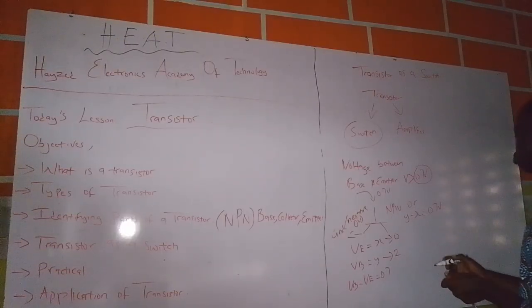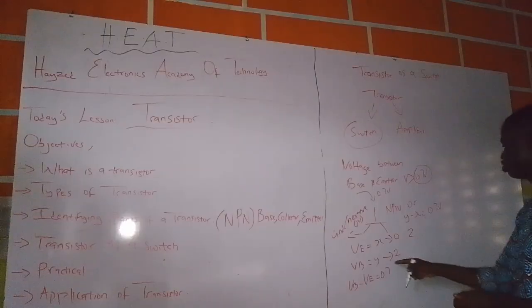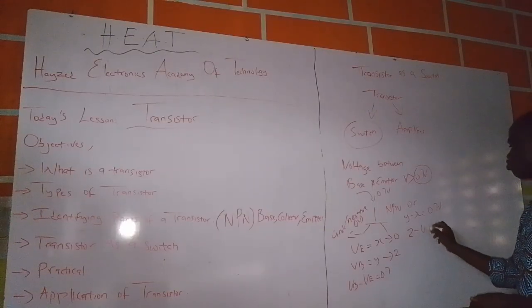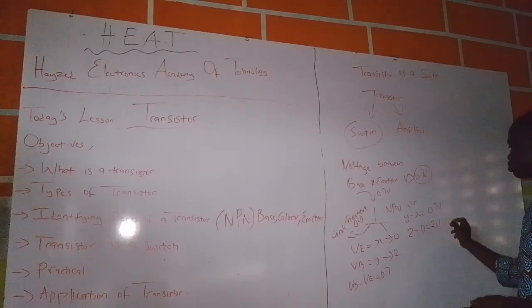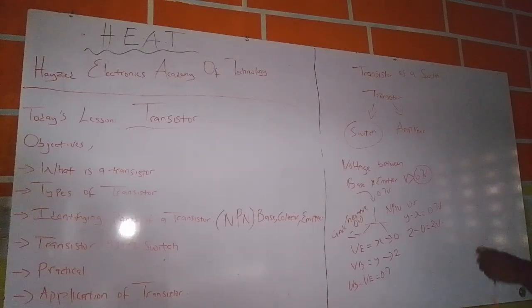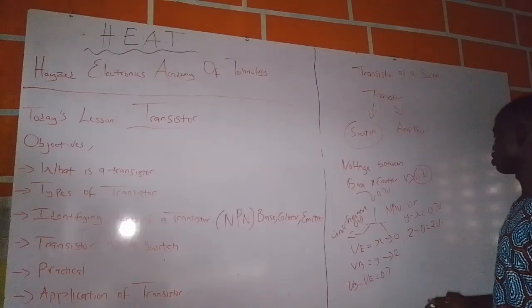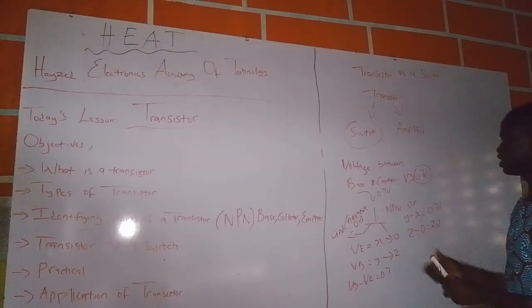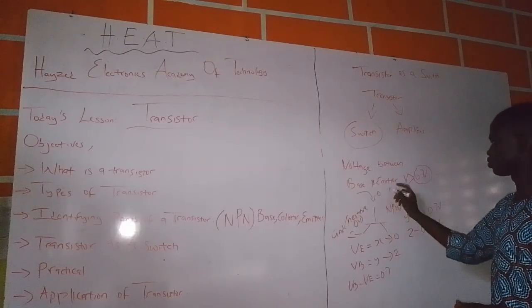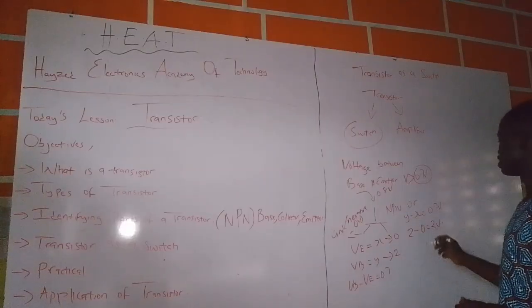Now let's do the calculation. 2 for Y minus 0 for X is equal to 2 volts. Can we say that 2 volts is greater than 0.7 volts? And with that, the transistor can turn on. Or let's say the voltage coming in here is 0.8.